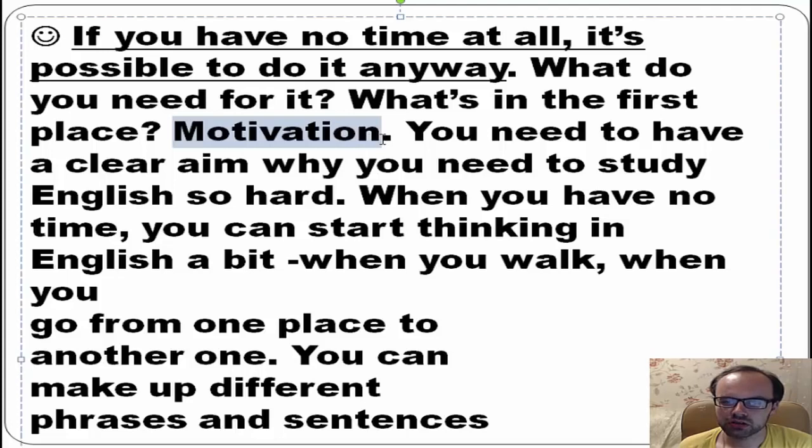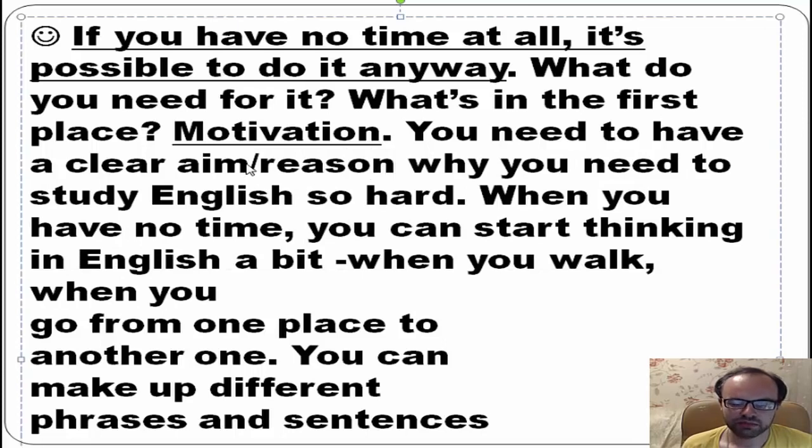It's motivation. Yeah, something which motivates you. You need to have a clear aim, or a reason. A clear aim and also a reason why you need to study English so hard. So really, why do you need it?